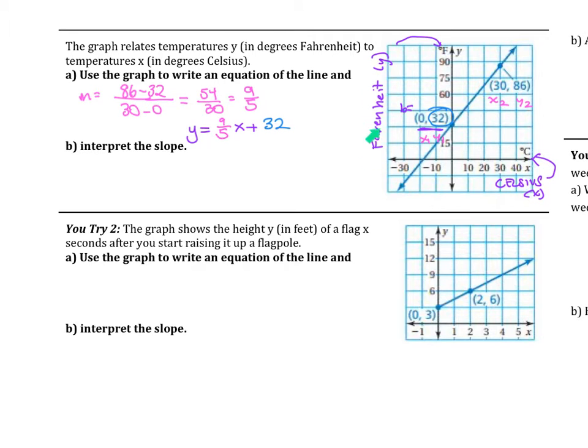So what we're going to say is that the Fahrenheit temperature increases, because it's going up, right, and it's positive, increases 9/5 degrees for every degree in Celsius.